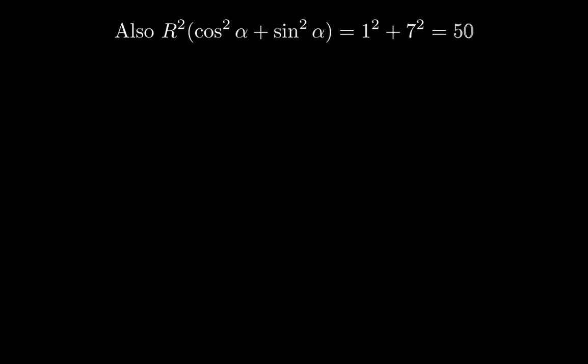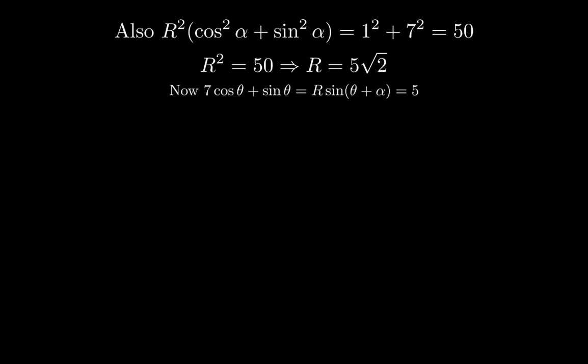So that means that r squared is equal to 50, and r itself is 5 root 2, the square root of 50. So remember our equation was r sin(theta plus alpha). So we now have r and alpha.